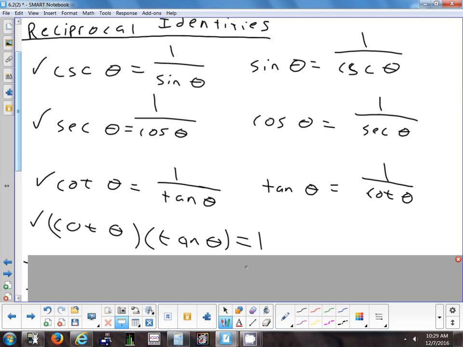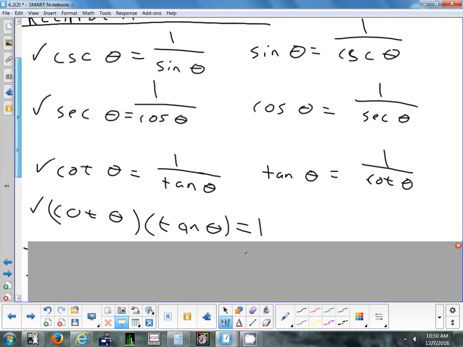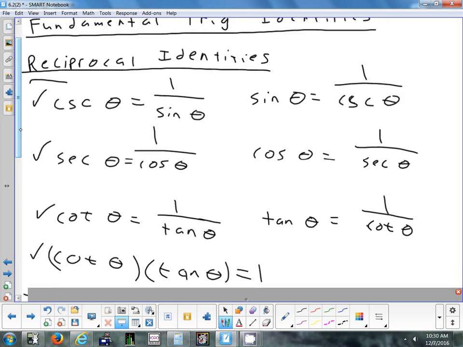But just logically, why is cotangent times tangent equal to 1? They're reciprocals. Anytime you multiply things that are reciprocals, you always get 1. Think of 2/3 times 3/2. Everything cancels and you get 1. I'm not going to rewrite all 6 identities this way, but you could. There are lots of different ways you can arrange them. So again, those are the 3 important ones you want to know.